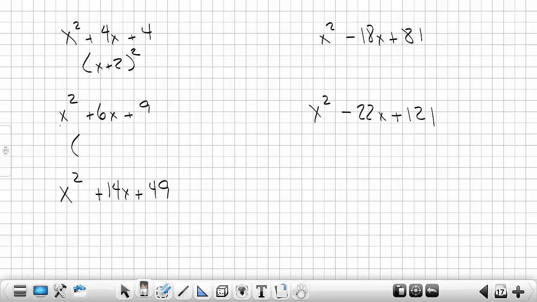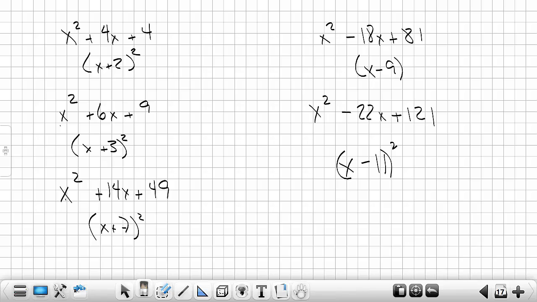Square root of that, and that's double 3. Square root of that, and that's double 7. Square root of that, and that's double negative 9. Square root of that, and that's double negative 11.